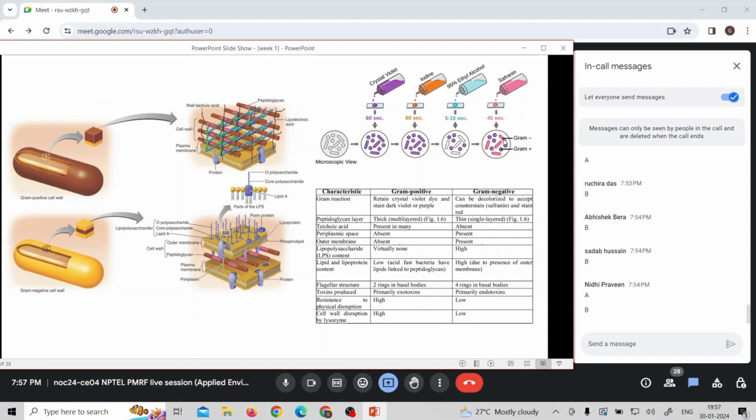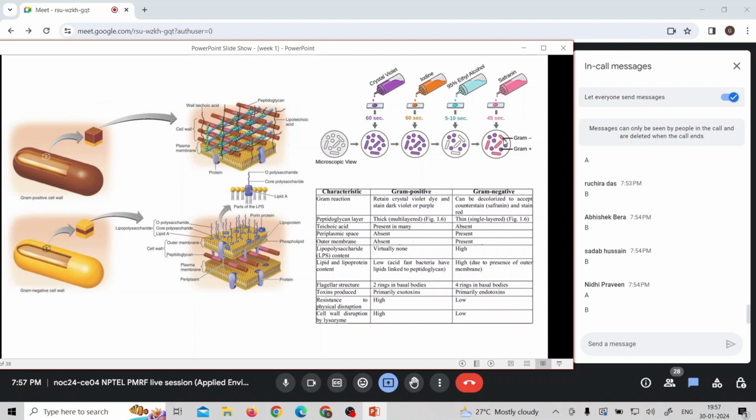Whenever you use a dye to visualize organisms with the help of a microscope, you call it a staining technique. That is a very important technique in microbiology. Using the staining technique, you differentiate the microorganisms with respect to the background. Sometimes you add only one dye, just to see them, because when you see them against a white background, if the cells are colored, you can distinctly see them.